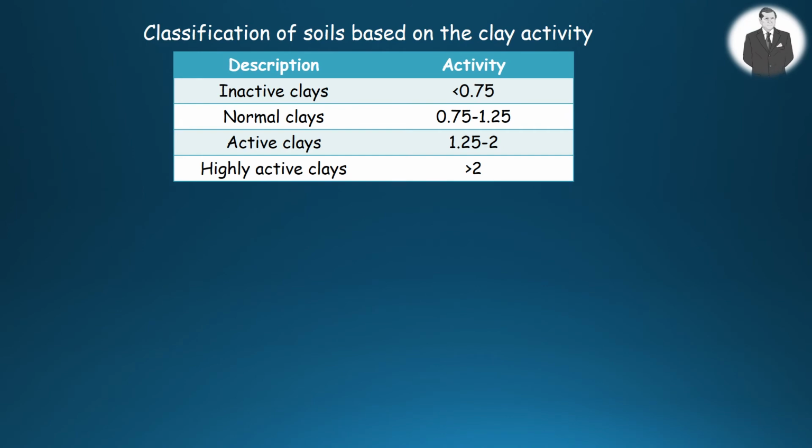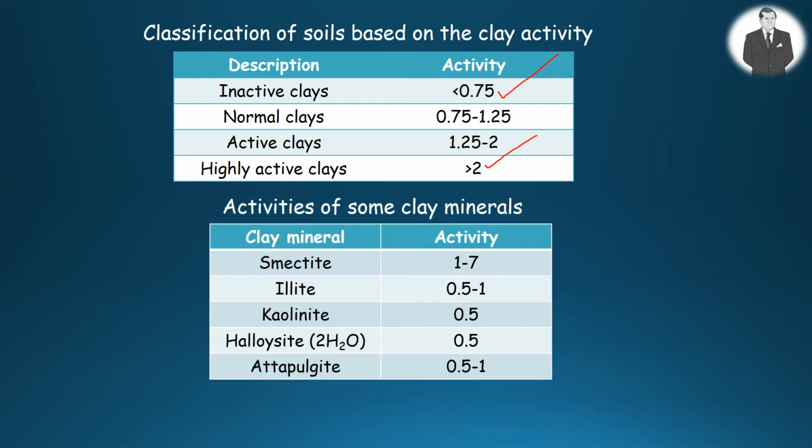The classification of soils based on the activity is given in the table here. If the activity value is less than 0.75, clays are considered to be inactive. However, if the activity is greater than 2, clays are considered to be highly active.